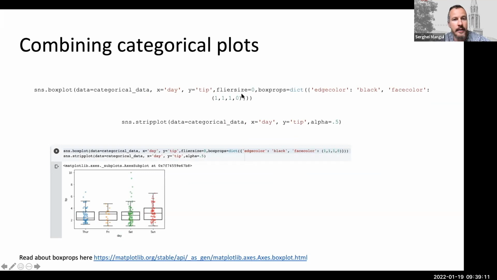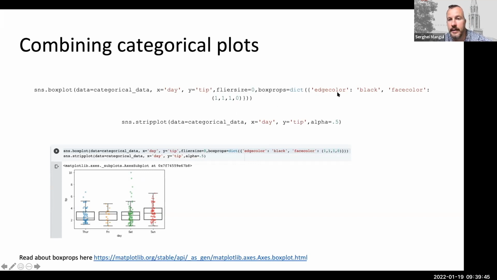The only difference is that we say we don't want outliers for the box plot, because if we put outliers in the box plot, they will overlap with the data points here, and it will not be nice. But we also make the box plot white inside, with black colors shaping the box plot.